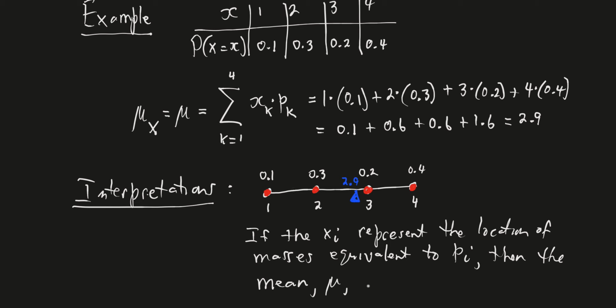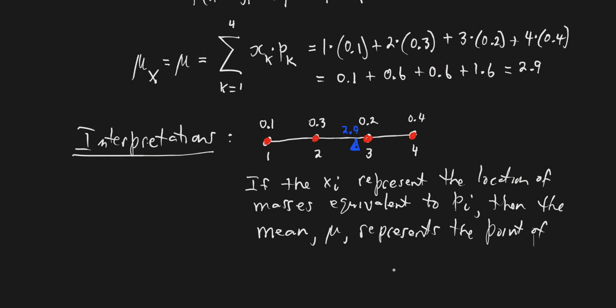So it represents the point of balance of this system. In other words, the system will be kept in perfect equilibrium if I have my fulcrum right there.